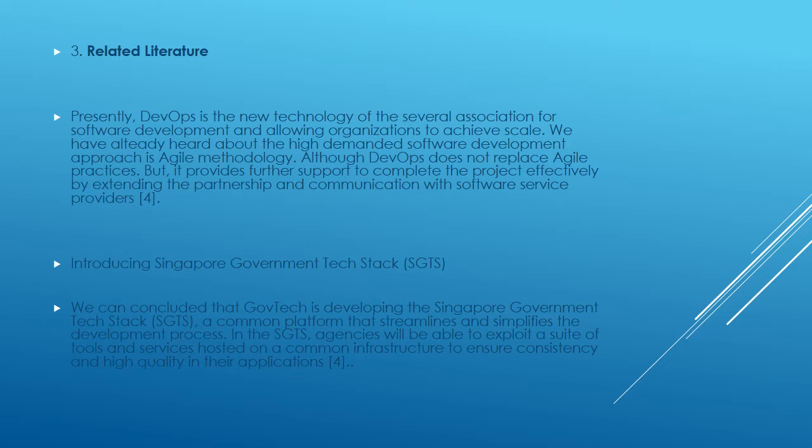We have already heard about the high demands of software development and agile development. DevOps does not replace agile practice, but it provides further support to complete projects effectively by expanding the partnership and communication with the software providers.